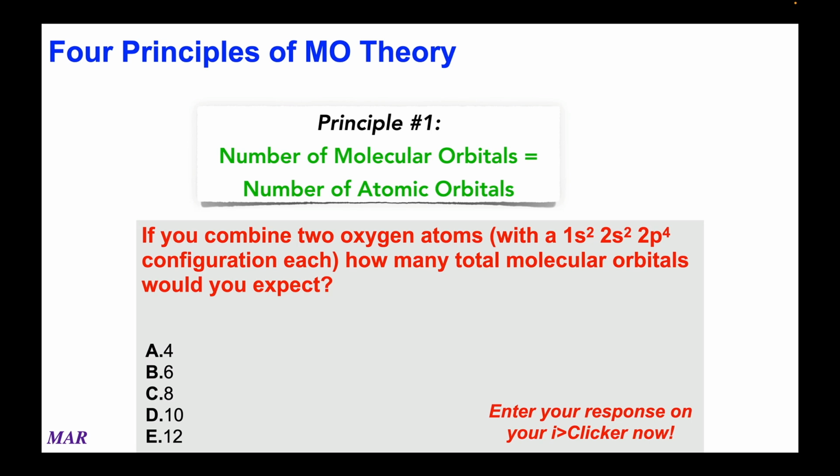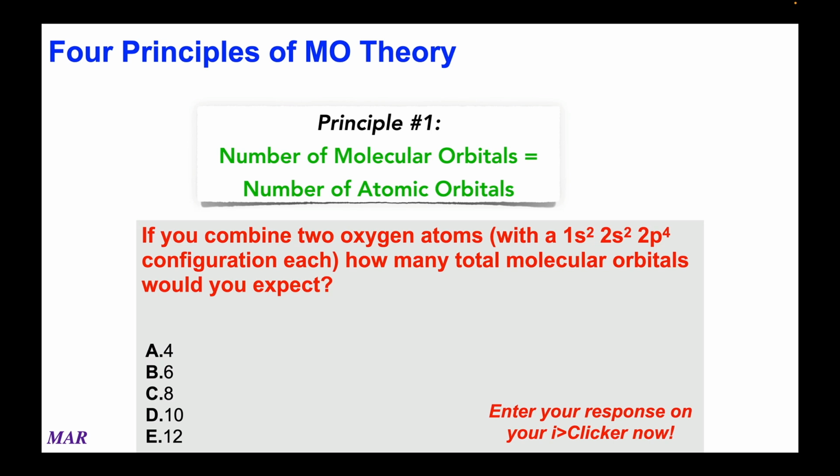To answer this question, you need to figure out how many atomic orbitals are on each oxygen. Well, the 1s is an atomic orbital, the 2s is an atomic orbital, so that's 2. But the 2p breaks up into x, y, and z, so the p orbitals total 3. That means there's 1 plus 1 plus 3.